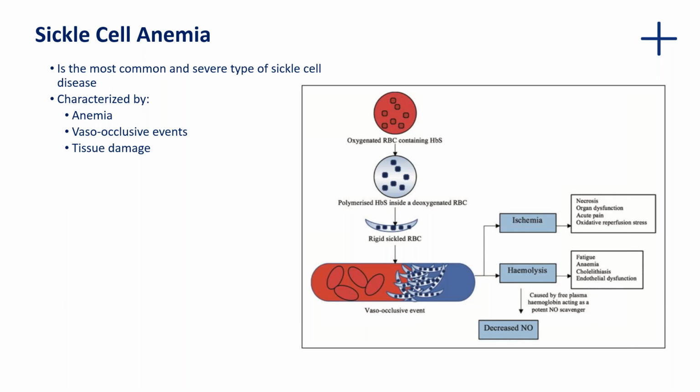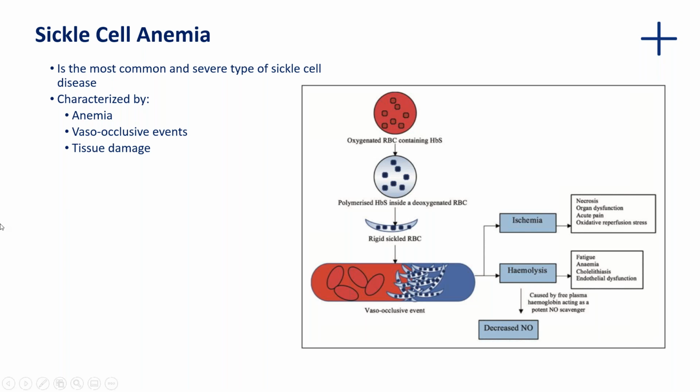And this leads to ischemia and hemolysis of these red blood cells. With ischemia, you have necrosis of body tissues, organ dysfunction, acute pain, and oxidative reperfusion stress. The hemolysis results in fatigue, anemia, cholelithiasis, and endothelial dysfunction.